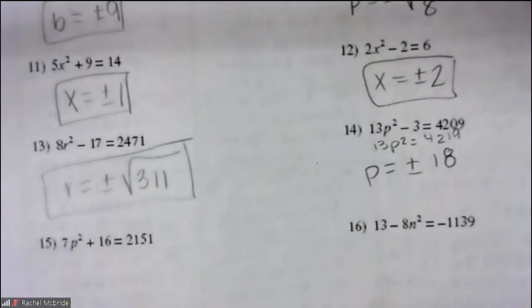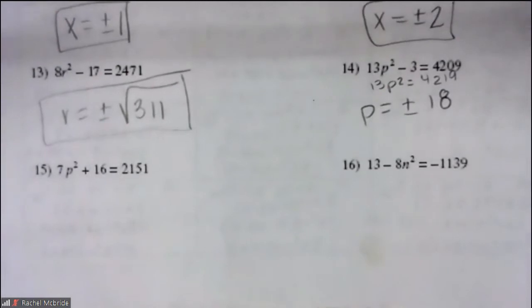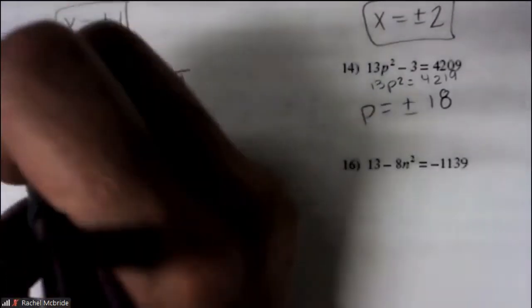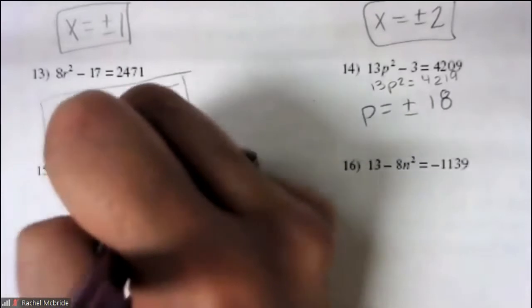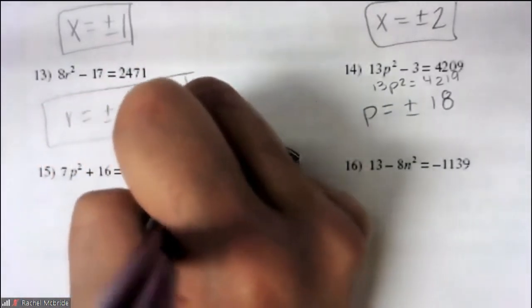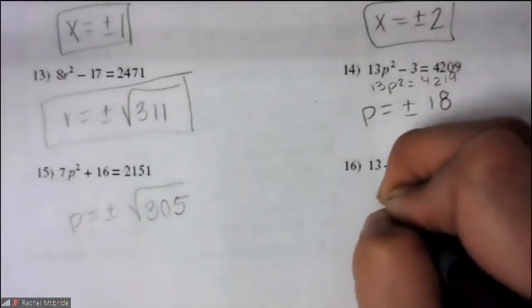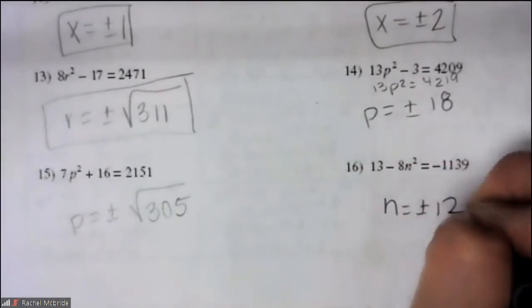Dividing that by 13 gave you 324, which is a perfect square. Okay, and then 15, p equals plus or minus the square root of 305. And 16, n equals plus or minus 12.